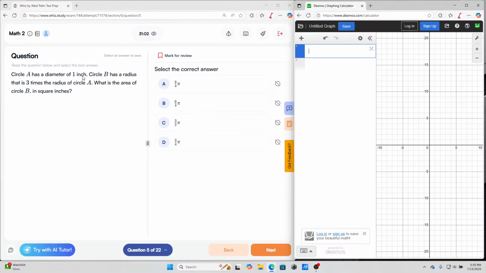Circle A has diameter 1 inch. Circle B has a radius that's 3 times the radius of circle A. Okay.